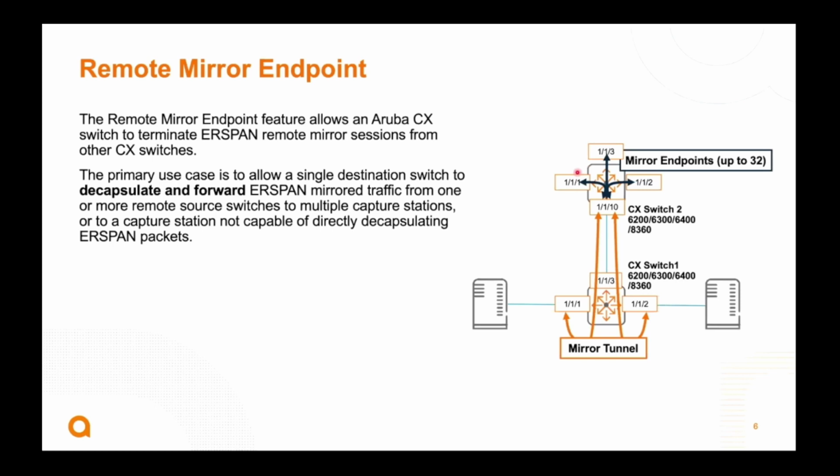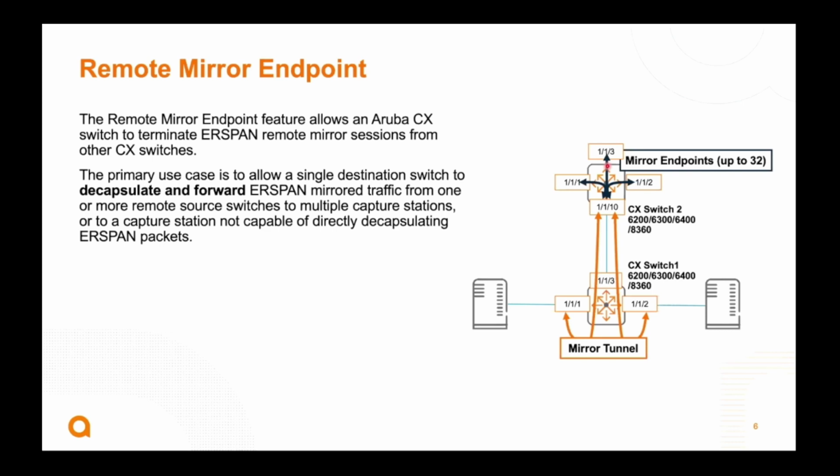This allows you to send traffic from a single source switch to multiple destination ports on your endpoint switch, as well as to use that to capture traffic from a capture station or utility that is not directly capable of decapsulating those packets itself. For example, Wireshark can be used to decapsulate packets mirrored from an ERSPAN source device directly, but there are capture utilities and app monitoring applications that are not capable of doing that decapsulation themselves, so they can't monitor that traffic directly.